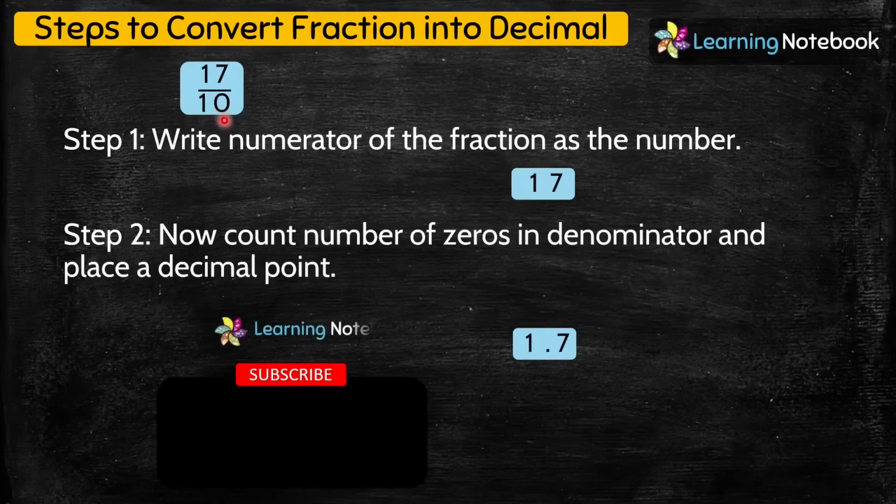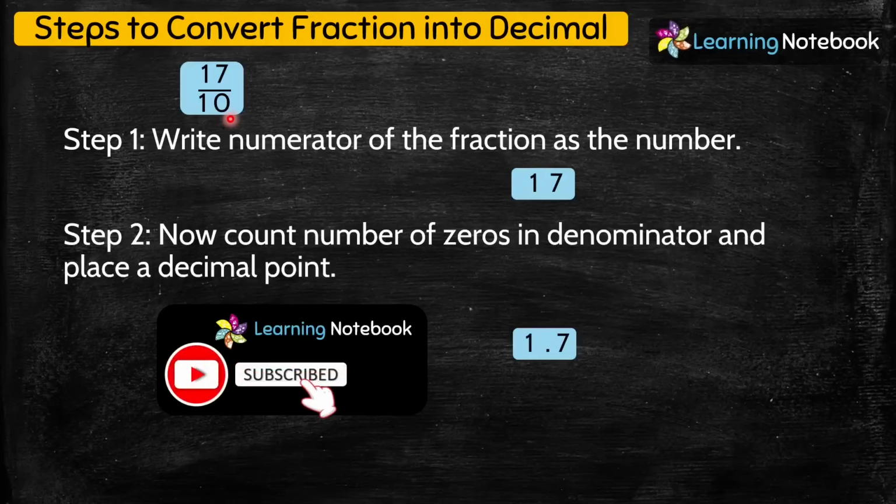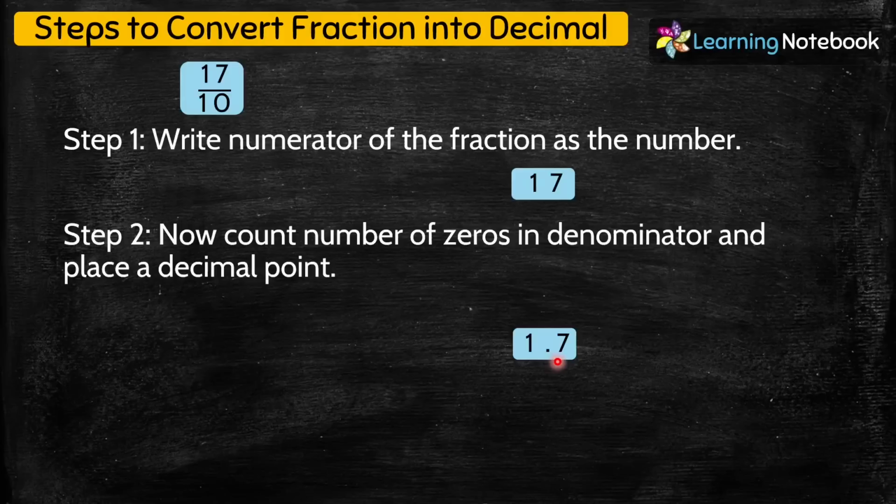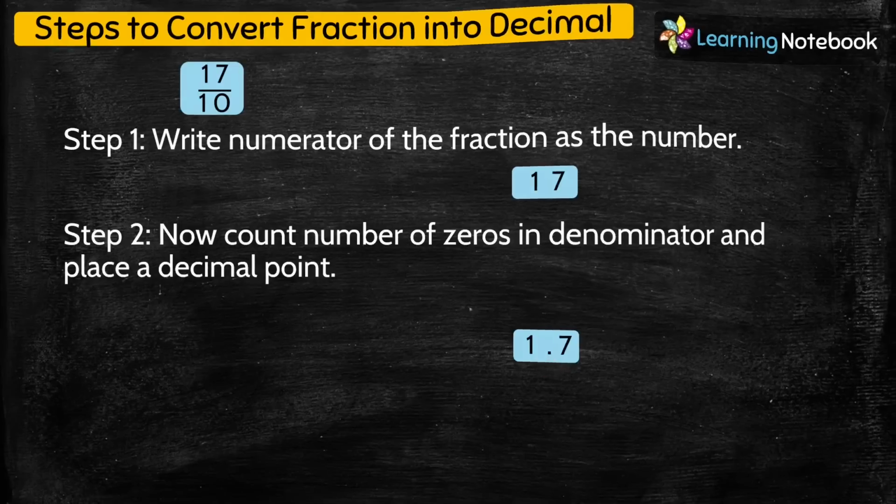So students, here number of 0 is 1. So we will put decimal at one decimal place, that is, we will write the number as 1.7. So in this way we have converted fraction into decimal 1.7.